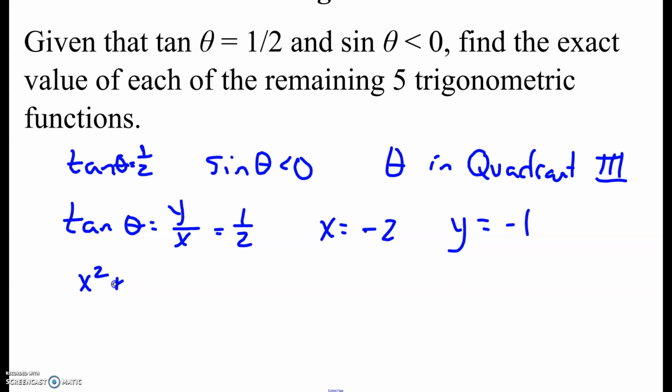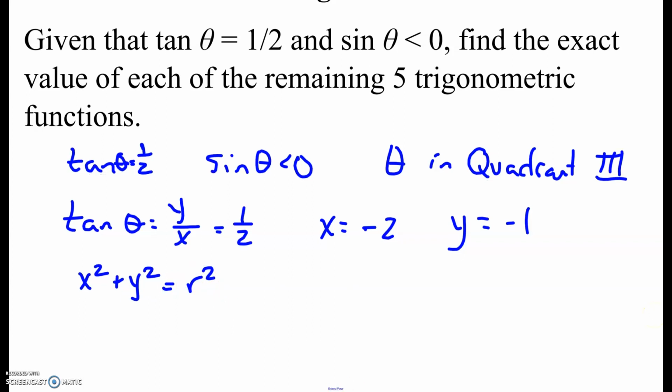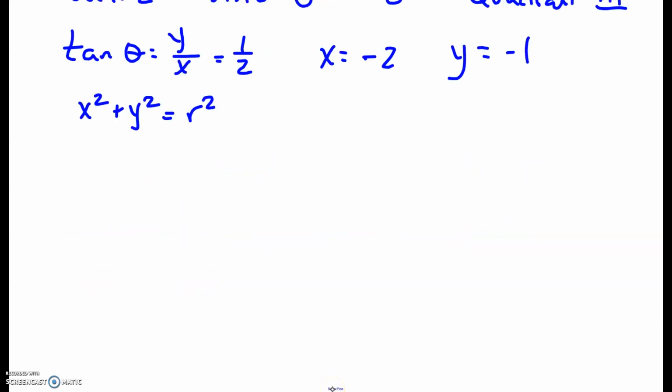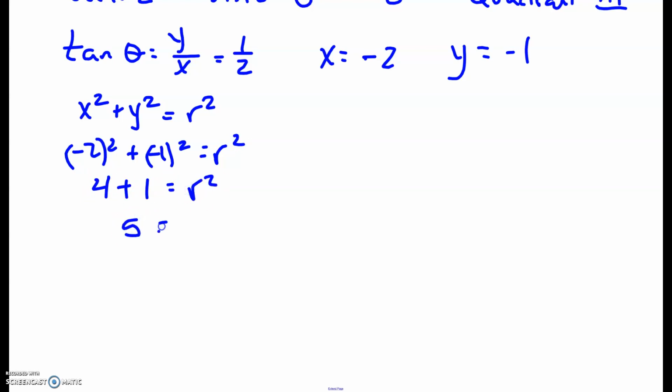x squared plus y squared is going to equal our radius squared. So if we take -2 squared plus -1 squared, we get r squared. This would be 4 plus 1. r squared is equal to 5.